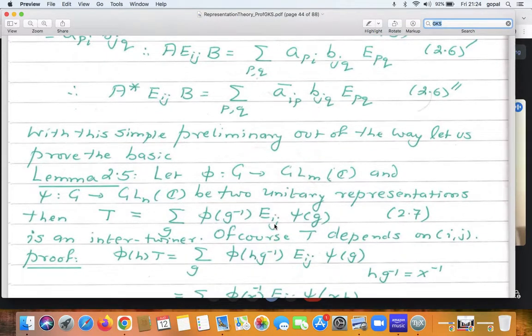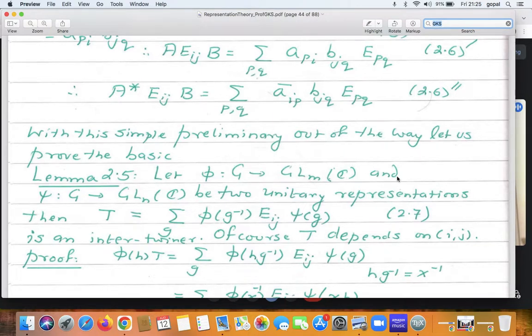The basic lemma is: let phi from G to GL(m, C) and psi from G to GL(n, C) be two unitary representations. And let us look at 2.7, the matrix given by 2.7: T = sum over G of phi(g inverse) E_ij psi(g).